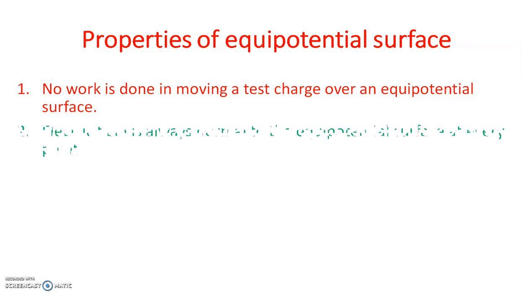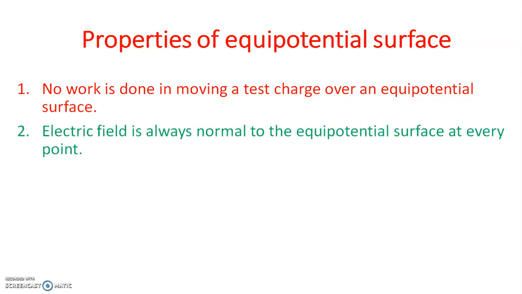Okay. Next one. Electric field is always normal to the equipotential surface at every point. That is the second property. Now we can consider, if it is not normal, what happens?